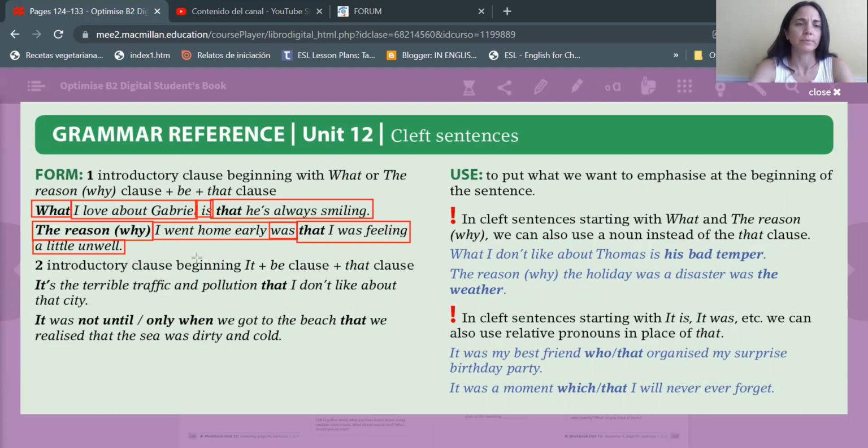The second type, the structure is the introductory clause beginning with it, plus the be clause, plus that clause. So here we have examples.